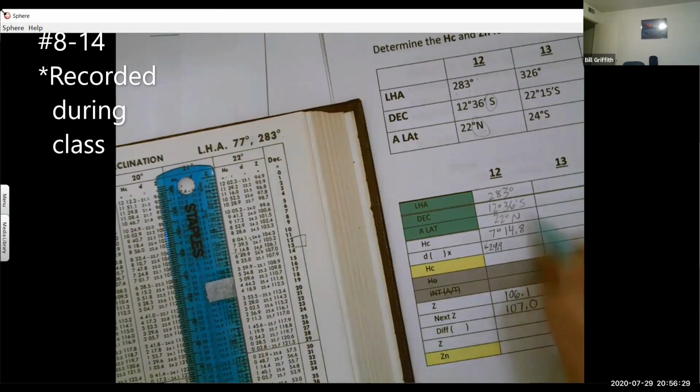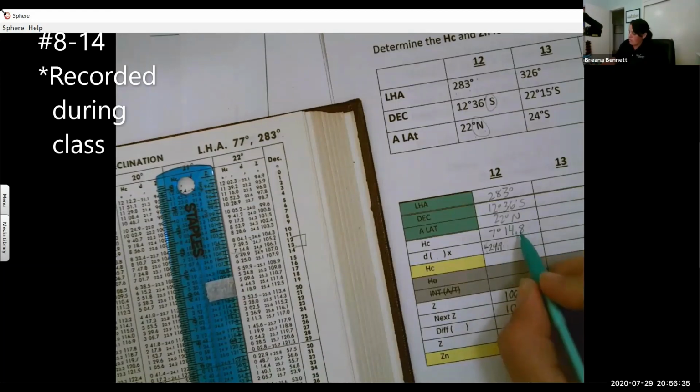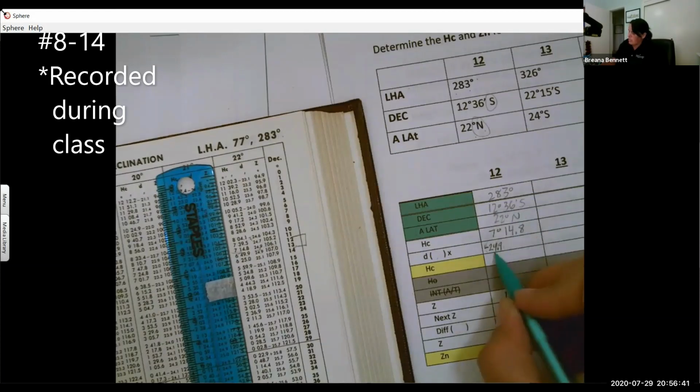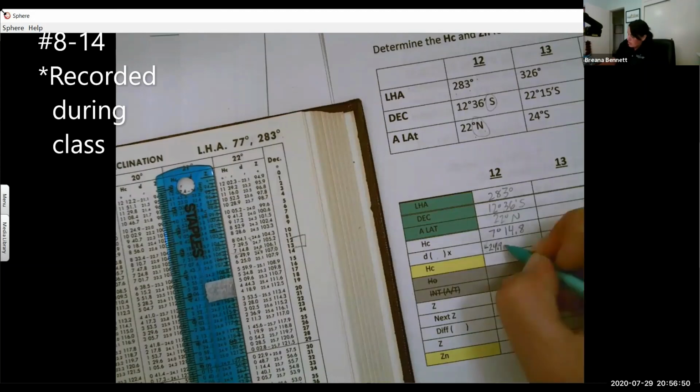I'm going to go back to my altitude corrections, and this is where we're going to interpolate. So from 12 to 13 degrees, because my declination, we subtracted 24.9 minutes. Well, I'm at 12:36. So how I interpolate this is I divide 36 by 60. So I have that fraction.